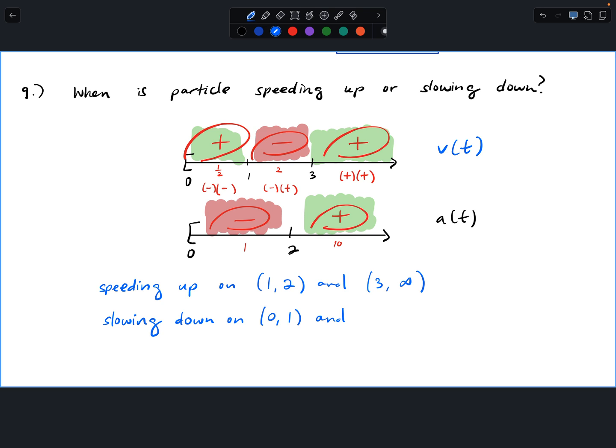Let's check. Between 2 and 3, this graph is negative, right? Between 2 and forever, this graph is positive. So between 2 and 3, for sure, this is positive. Between 2 and 3, this graph for sure is negative. So 2 to 3. As we get farther along, we're going to have an easier way to figure this out. Okay?